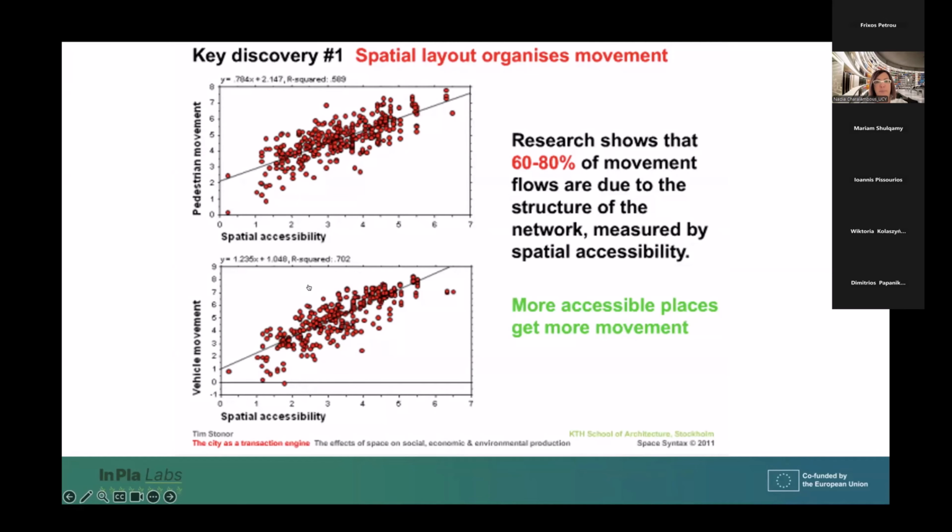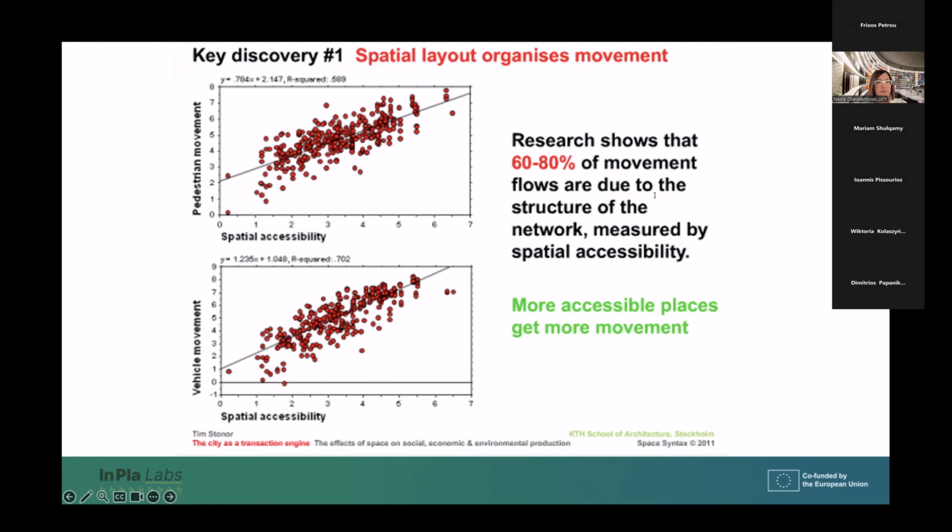There have been many studies done, correlational studies, that tell us that movement flows do relate to configuration and is measured by what you will see later on, spatial accessibility. So according to many studies that took place throughout the years, 60% to 80% of movement flows relate to the structure of the network in the sense that more accessible places get more movement.